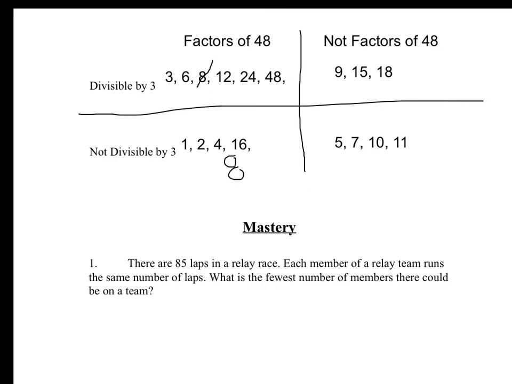And then not divisible by 3, 1, 2, 4, 8, and 16. Okay, now things are divisible by 3, but not factors of 48, which are those other numbers in that row, 9, 15, and 18. And then not divisible and not factors, my no box, 5, 7, 10, and 11.